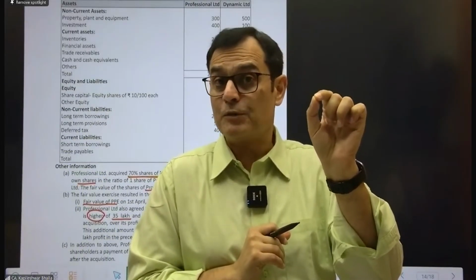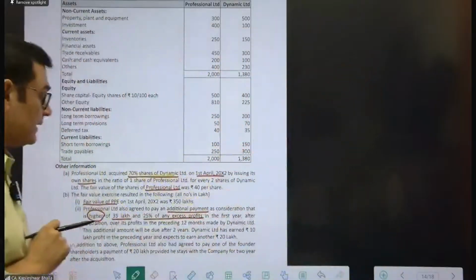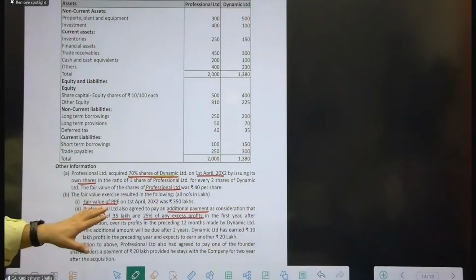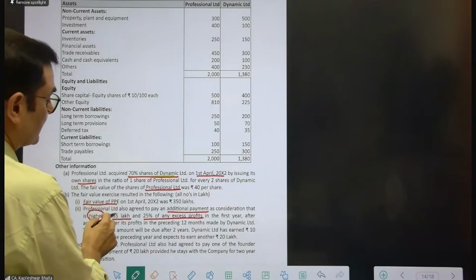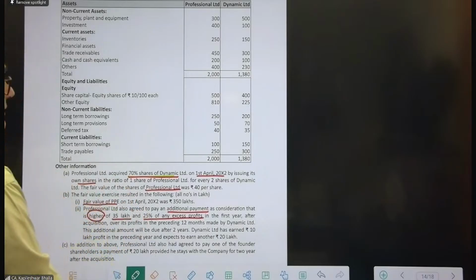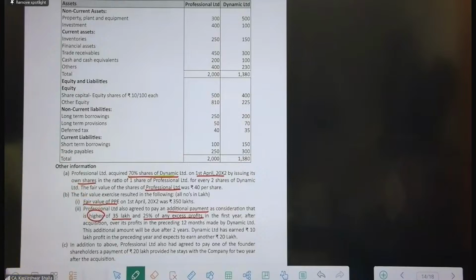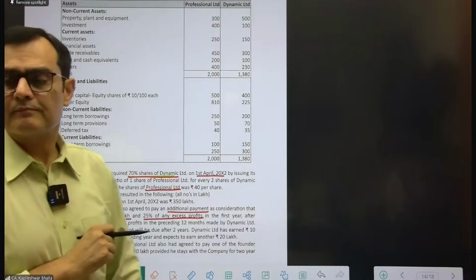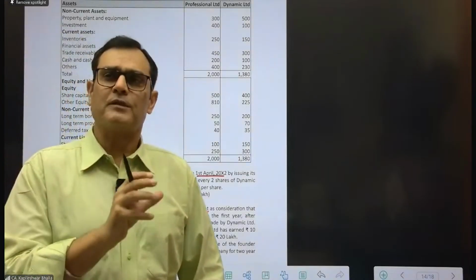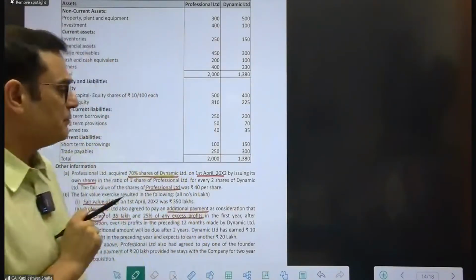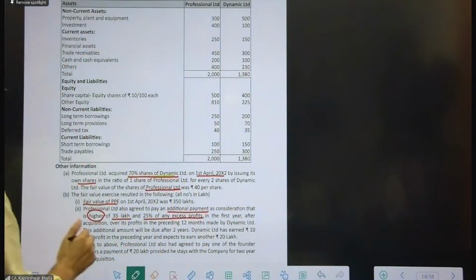So we can say it's a blend between a DC and a CC, because 35 lakh is going to be paid irrespective, that's DC, and the excess over 35 lakh becomes a CC. And is this CCS or is this a CCE? Yes, it is S, because the condition attached is in terms of profitability.